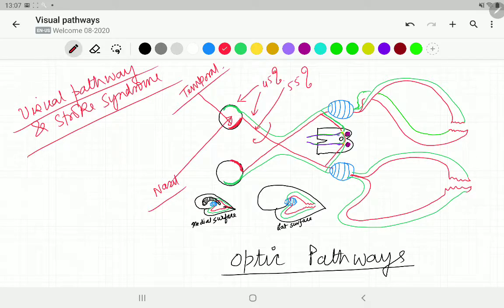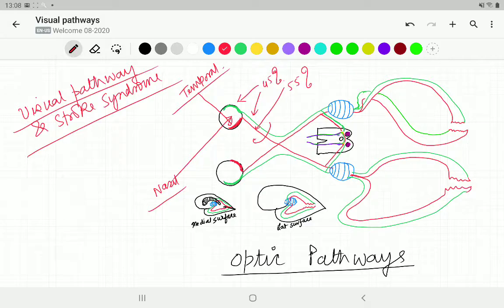The lateral geniculate body is situated on the thalamus, at the back end of the thalamus, and it is one of the important centers for the relay of this information.